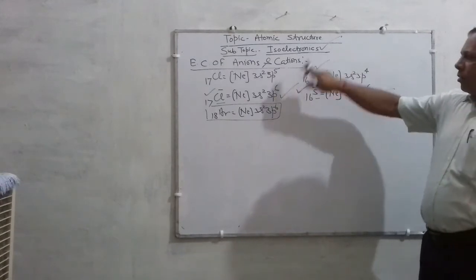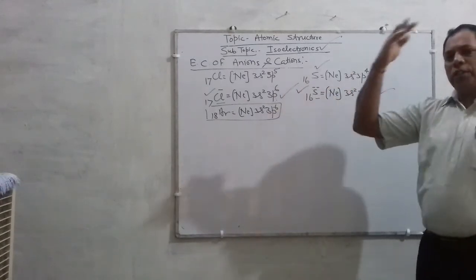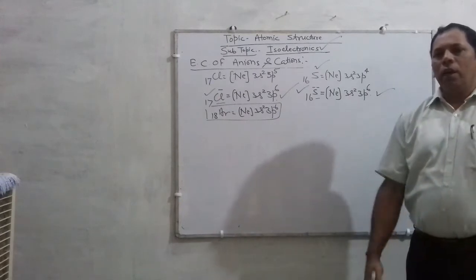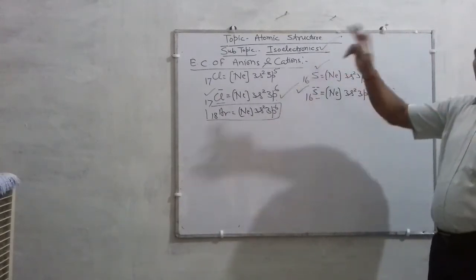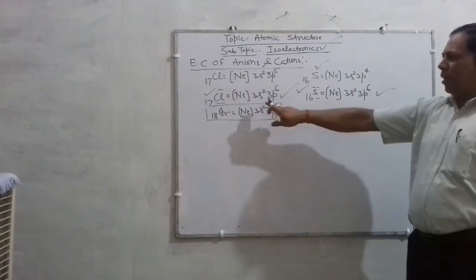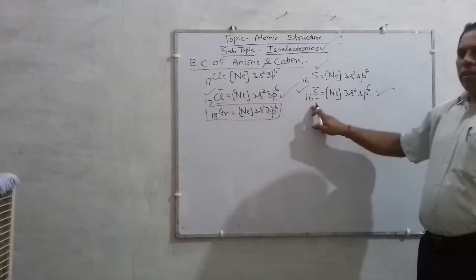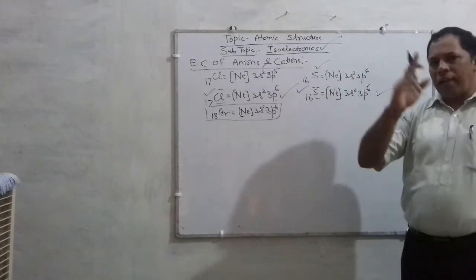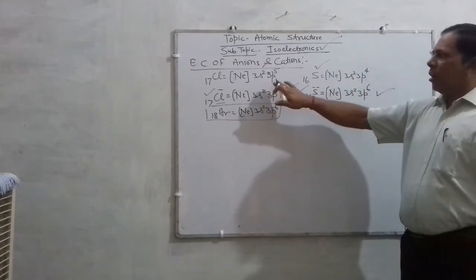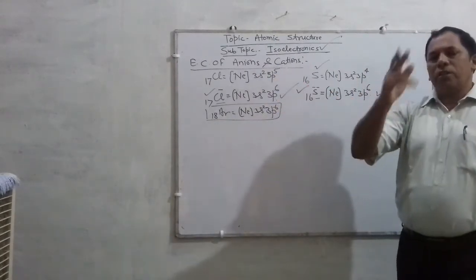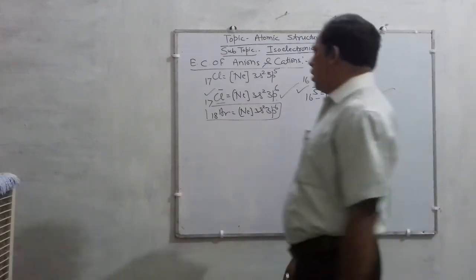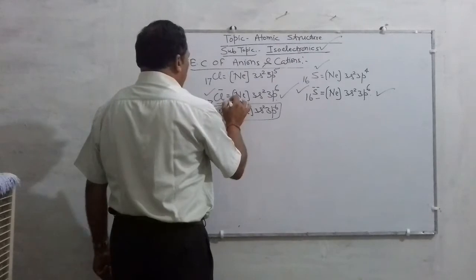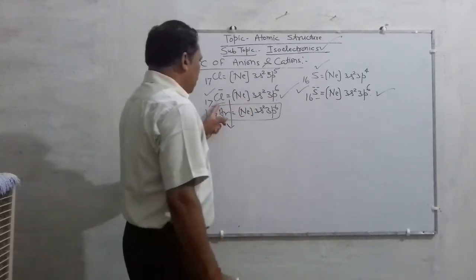Must remember, such species which have the same number of electrons as well as the same electronic configuration are termed isoelectronic. So in this case, Cl minus and S minus 2 are isoelectronic, and that is a good example of formation of an ion.